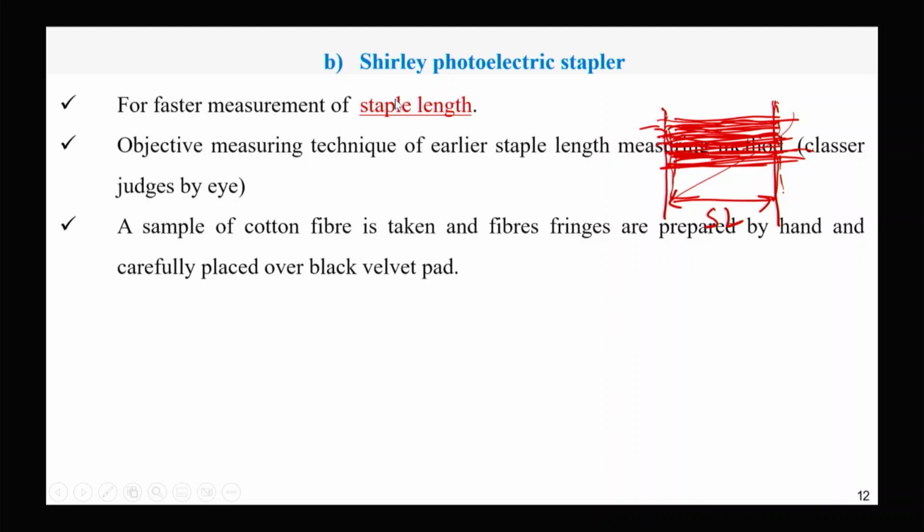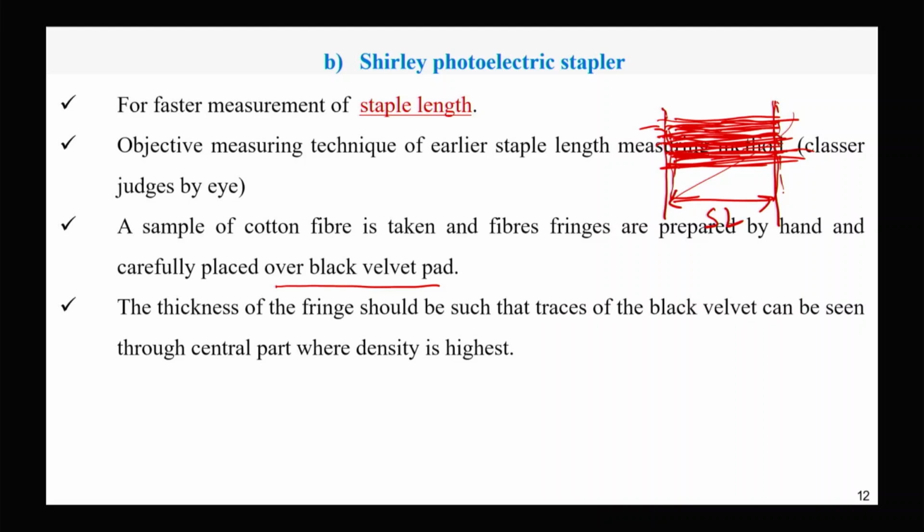Now try to see the animation. I will show you the animation. The sample first is kept on a black velvet pad. The thickness of the fringe should not be too much. So here one important thing is that light can pass through the edge at least.